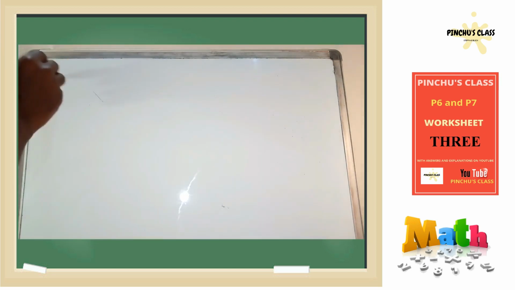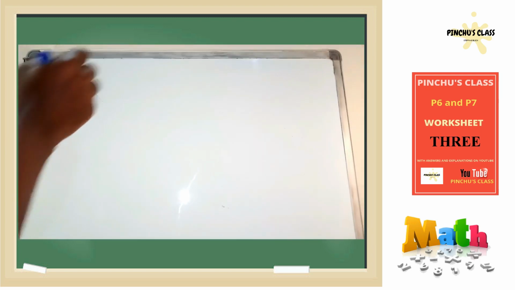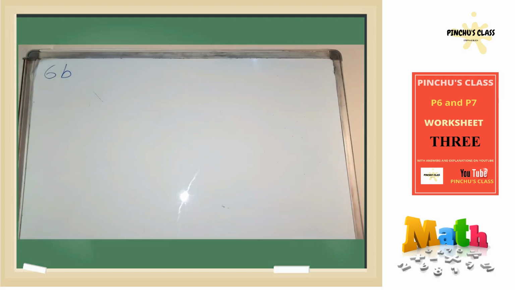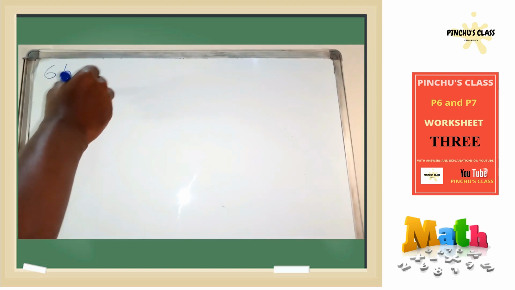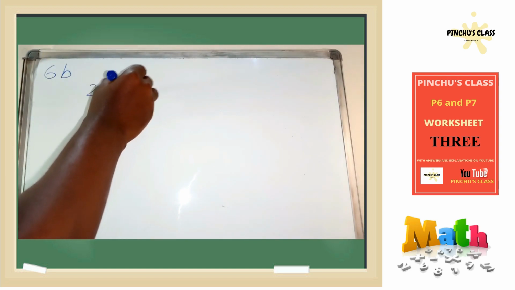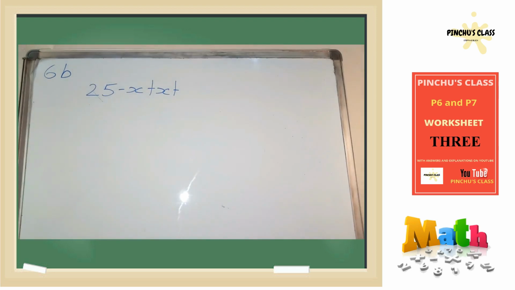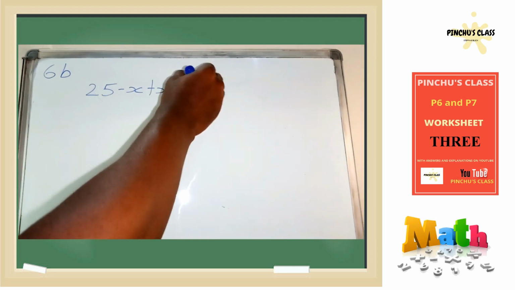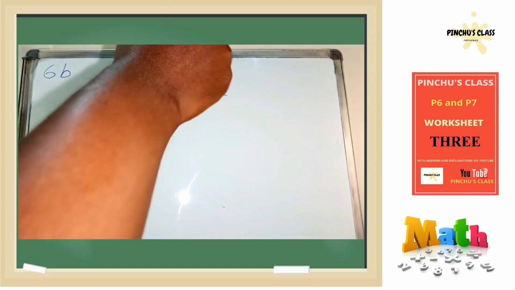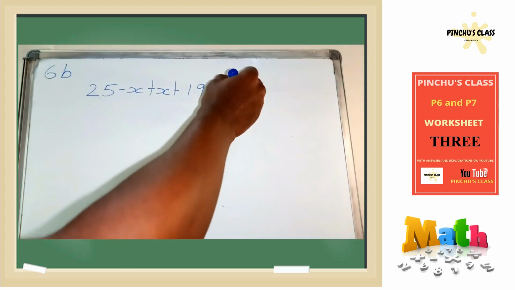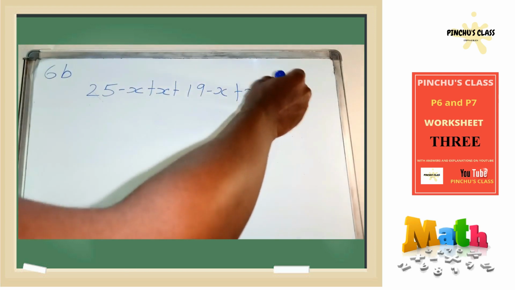Let's go to part B of number 6. So part B, they have told us to find the value of X. Now we are going to use the information on the Venn diagram to find the value of X. So what do we do? We just get 25 minus X plus 19 minus X plus 2 gives us 40.